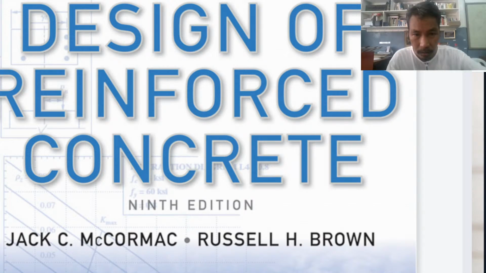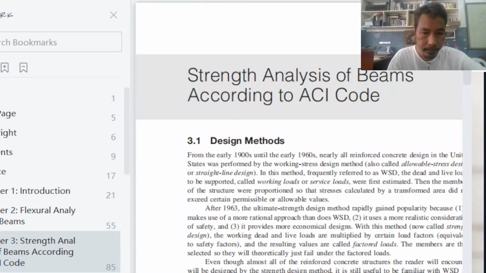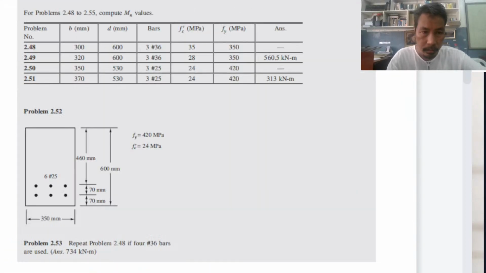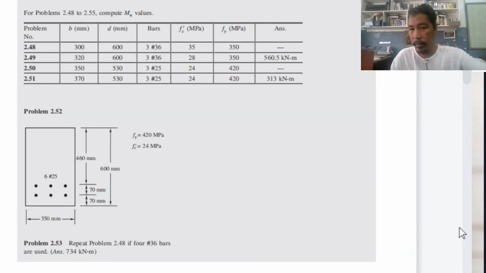So as you can see, we have on your screen our main reference textbook. So let us go to our topic. Practice problem. So we are currently right here.